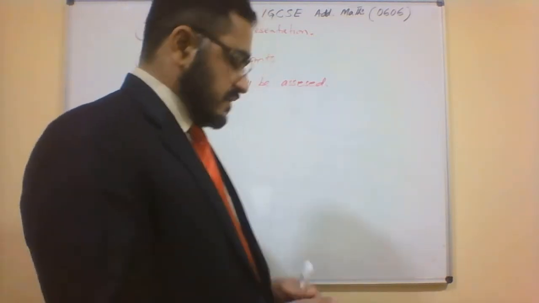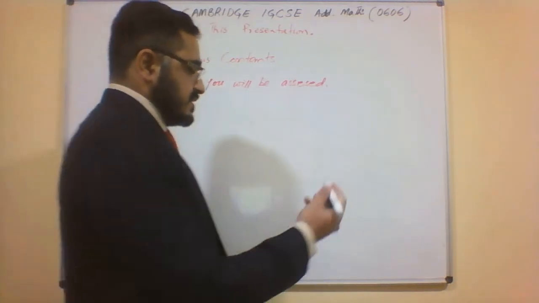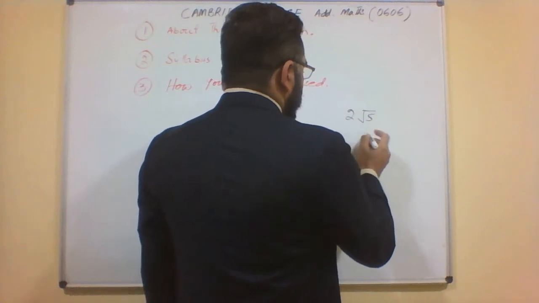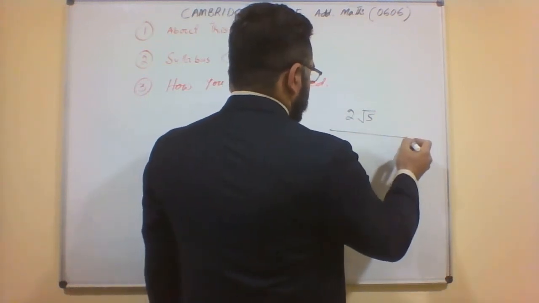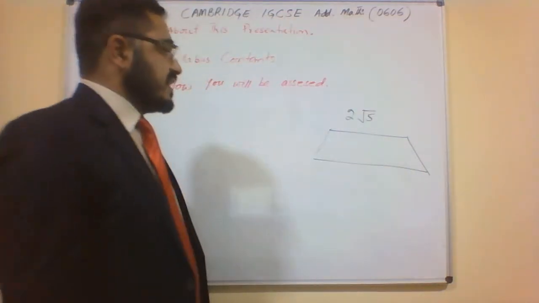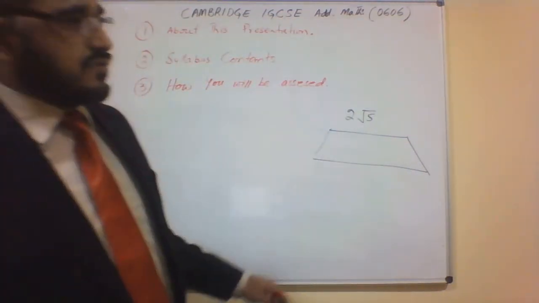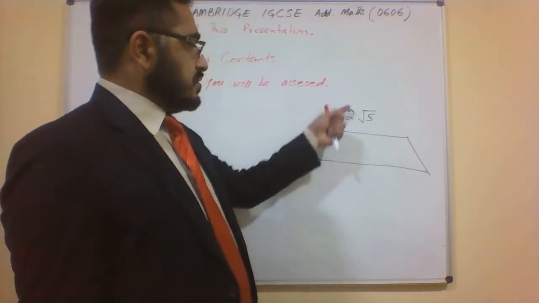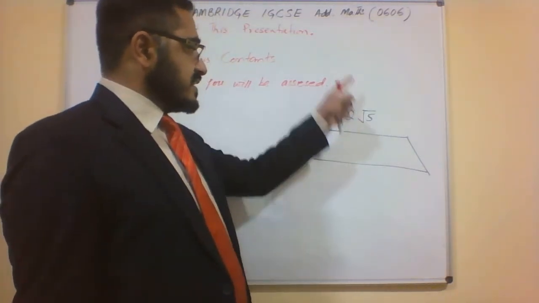Suppose here I'm giving you one example. Suppose it's giving us 2 square root 5 as the length of one side of a trapezium, and in the same way in square root any other side is there. If you use the calculator, you will get different decimal answers. Okay, but you have to calculate this in the square root form.